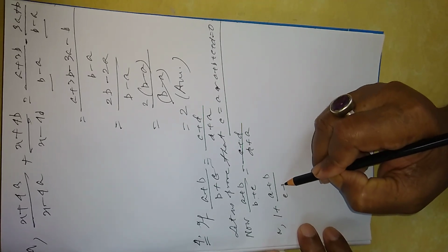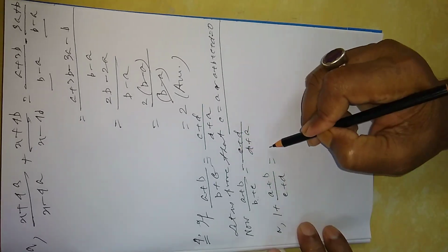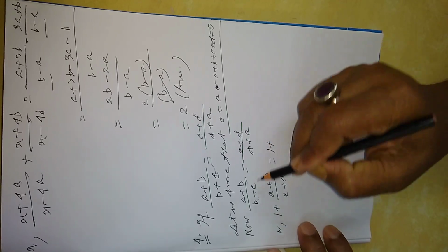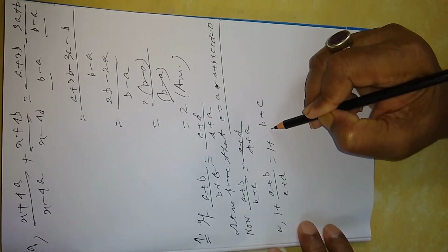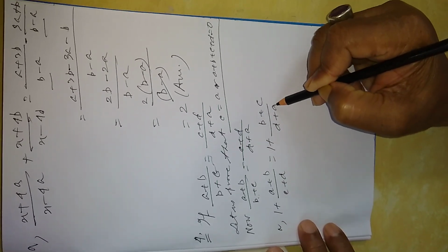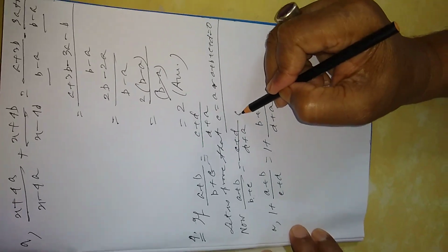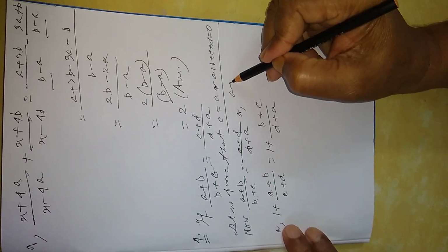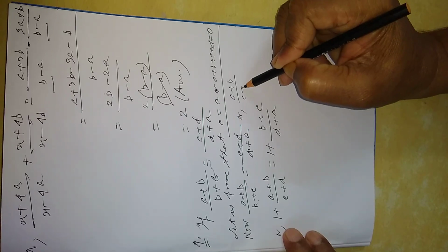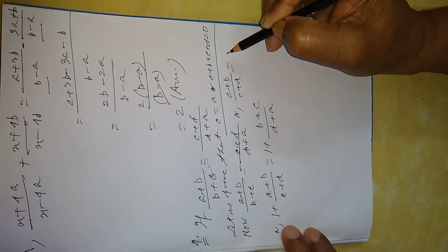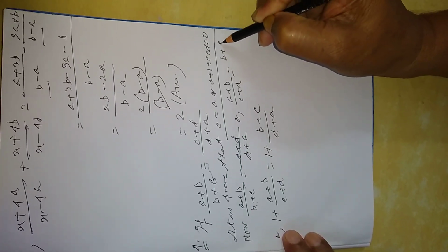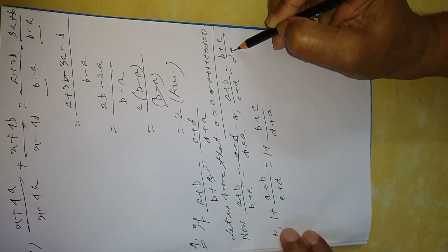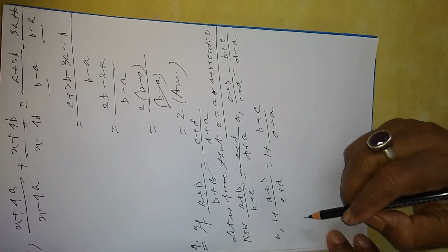So c plus d and b plus d here, b plus c by d plus a. You can write another line also, a plus b by c plus d is equal to b plus c by d plus a.